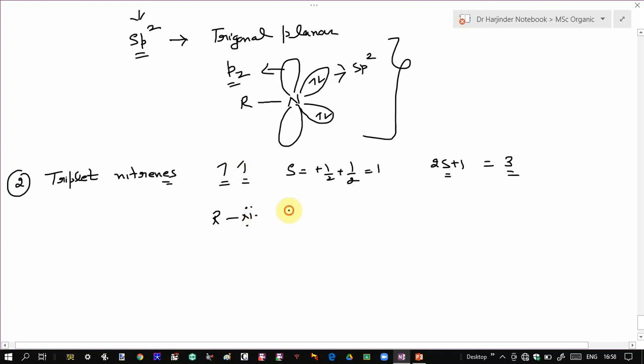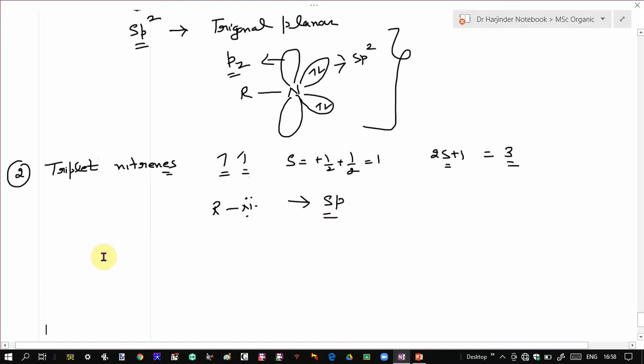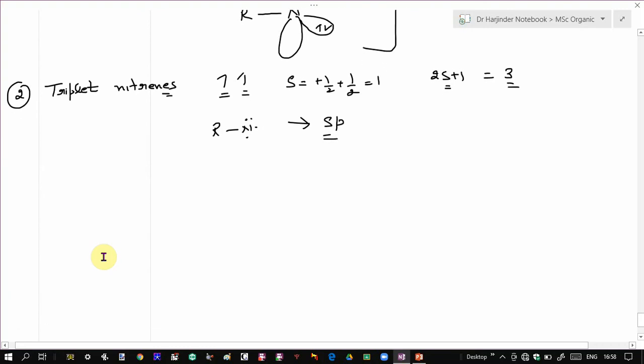So here they have sp hybridization, in which these two non-bonding electrons are present in unhybridized p atomic orbitals. So you have two sp hybrid orbitals. One is involved in the formation of a sigma bond with the alkyl group, another has this pair of electrons, and you have two unhybridized p atomic orbitals having one electron each.